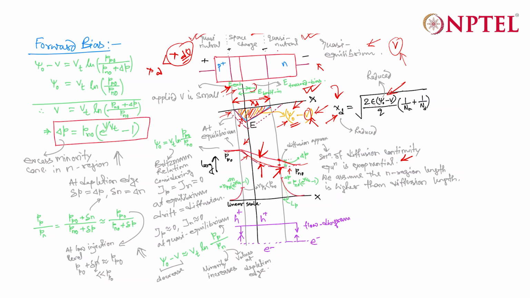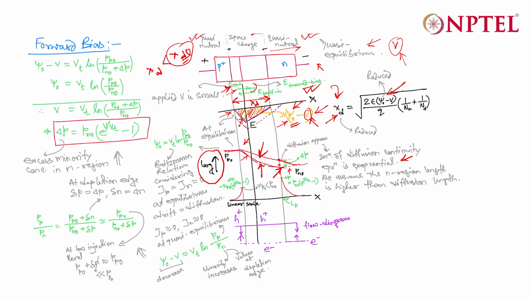So we consider this particular length is sufficiently large. So at some point it will meet the equilibrium condition, but near that depletion region you will find there is an exponential nature. Kindly note this particular y-axis is in the log scale, right? Now this is what the carrier concentration nature will be.